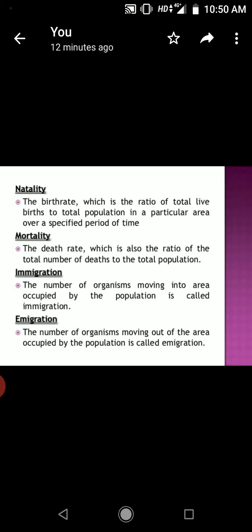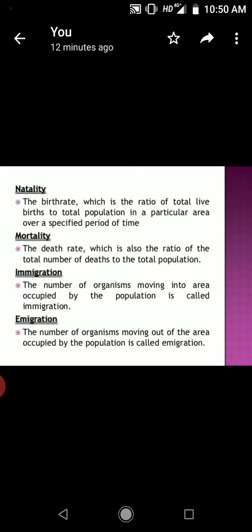And next is immigration. The number of organisms moving into the area occupied by the population is called immigration. And emigration means the number of organisms moving out of the area occupied by the population is called emigration.